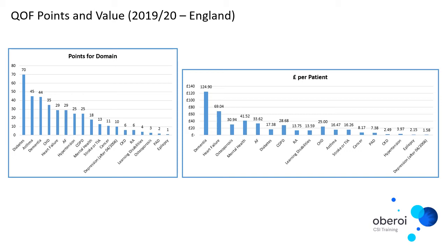As we can see, there's only 1 point available for epilepsy, so there's only £2.15 for that 1 patient, whereas for dementia, each patient is worth £124.90p. So there's a big discrepancy. Although there is a baseline pounds per point, it will vary based on the number of points that are available for that domain and the value of those points against the national averages.